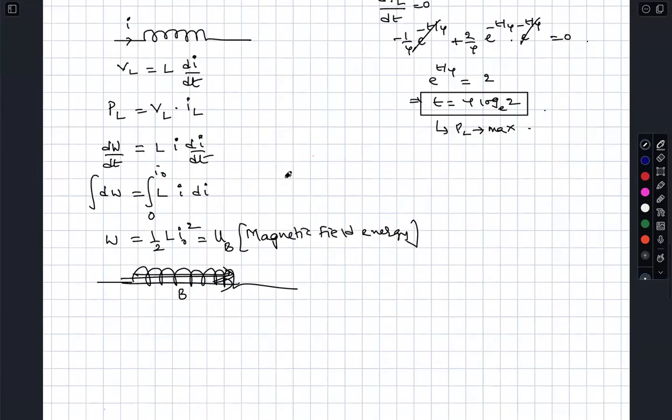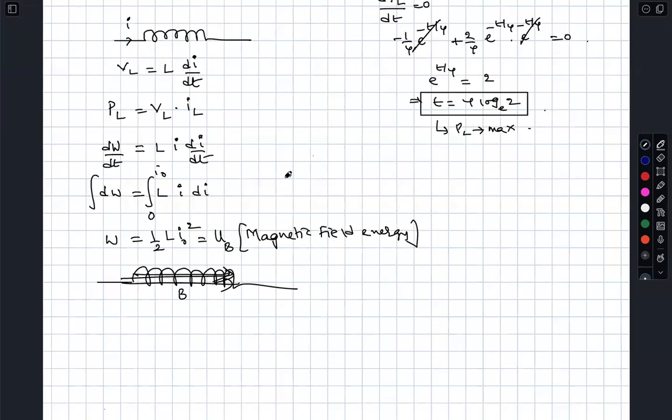Even when there is a small current, it is stored in the form of magnetic field. The way in a capacitor energy is stored in the form of electric field, in an inductor the energy is stored in the form of magnetic field.